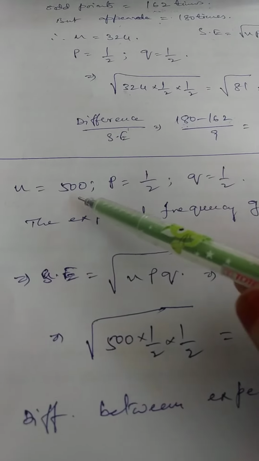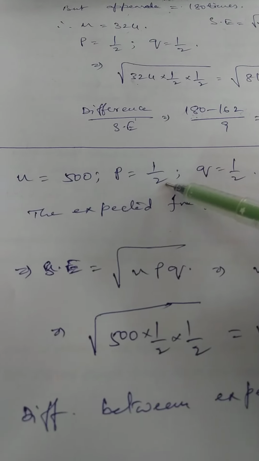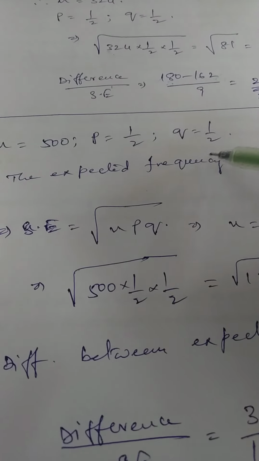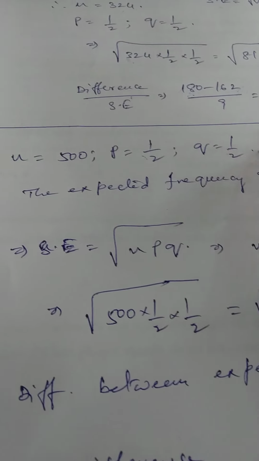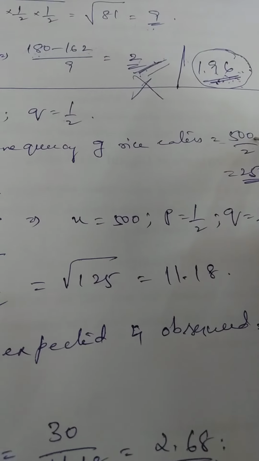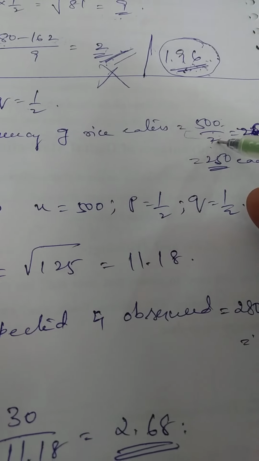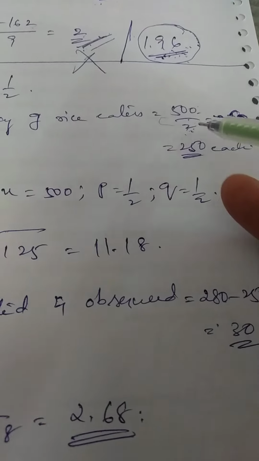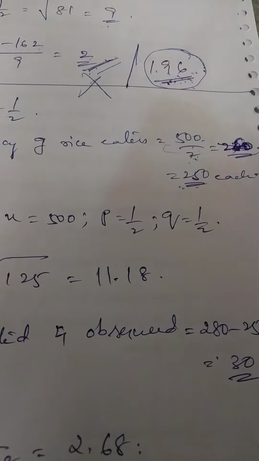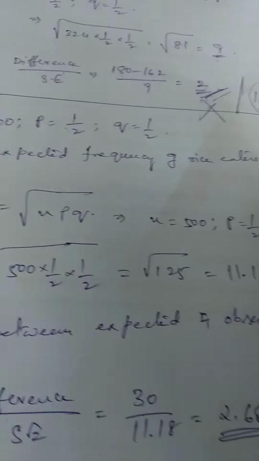So P is equal to half, because out of 500, 250 should eat rice or wheat. Again P is equal to half and Q is equal to 1 by 2. The expected frequency of rice eating is 500 divided by 2, that is minimum 250 people should eat rice or minimum 250 people should eat wheat.